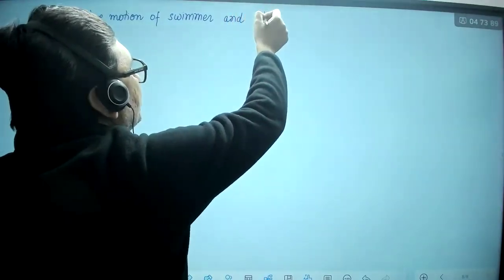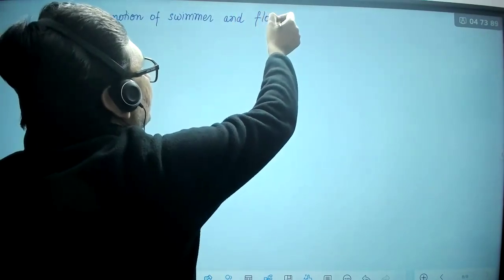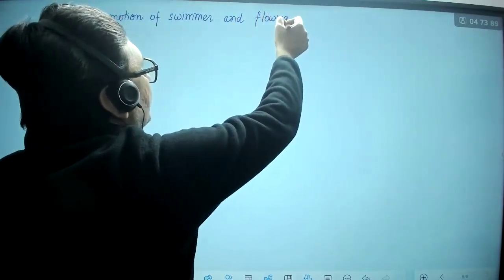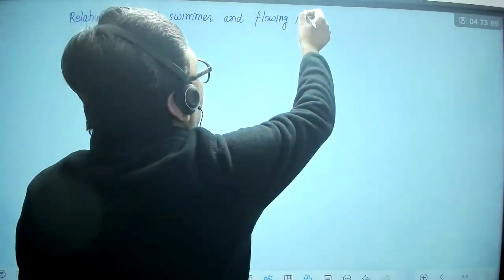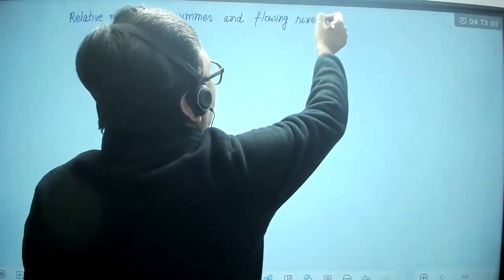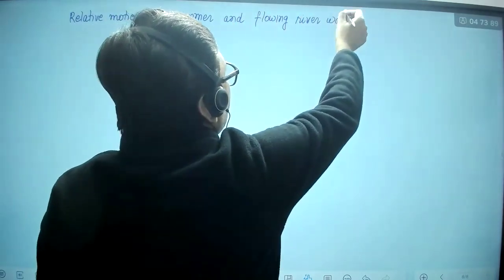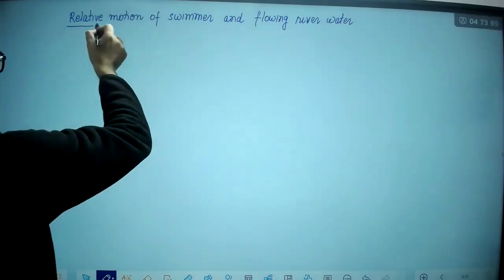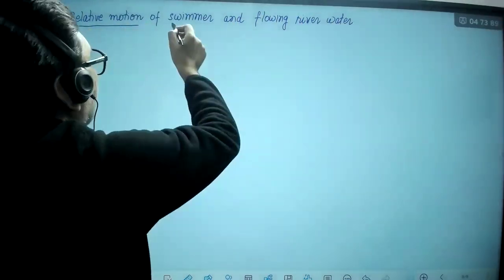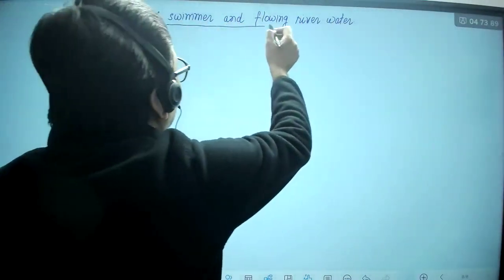Flowing river. River water. This is another important problem of relative motion in 2D.